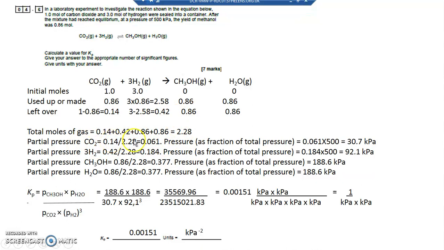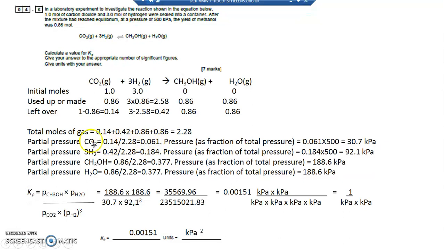And what I therefore do is I work out the fraction of carbon dioxide that I've got. So I've got 0.14 moles of carbon dioxide. So the fraction of carbon dioxide in the mixture, I've got 0.14 moles out of a total of 2.28 moles, 0.061.